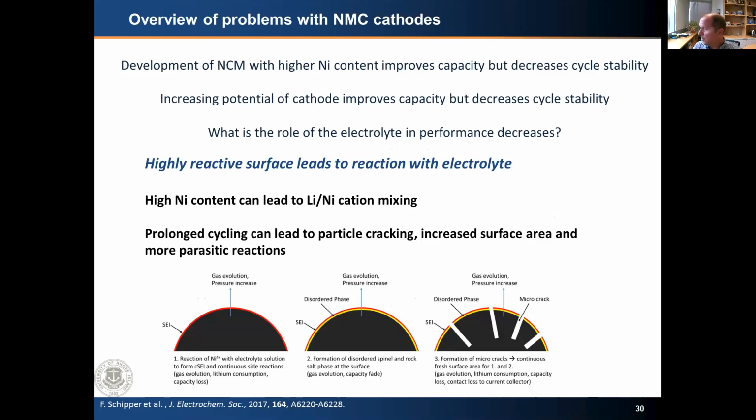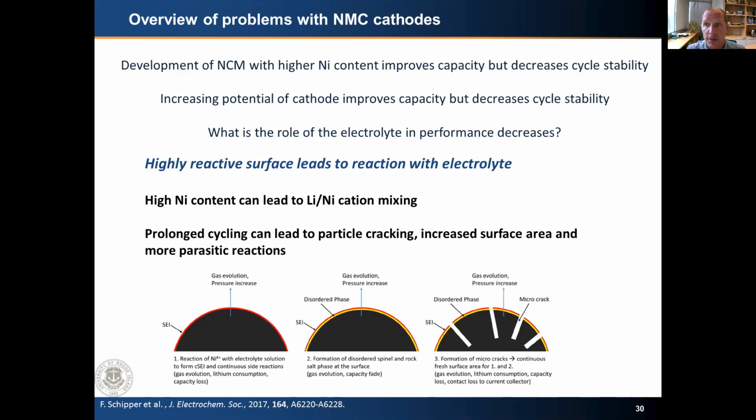So with this, it brings us to the next type of cathode, which are the NMC cathodes, the nickel manganese cobalt based cathode systems. There's a lot of interest in the development of these NMC based cathode materials, and these are the most widely utilized cathode materials in commercial lithium-ion batteries today.